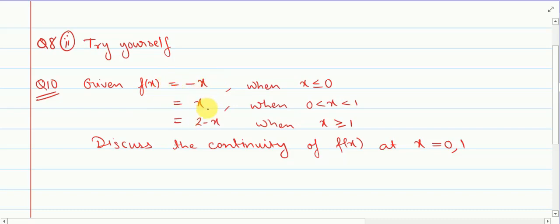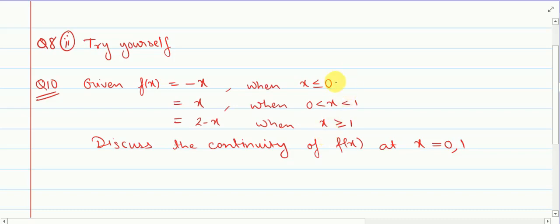f of x will be equal to x if x is lying between 0 and 1. Then f of x will be 2 minus x if x is greater than equal to 1. If I put 2 over here, then the answer will be 2 minus 2, 0. Okay, so this is how this function is defined.